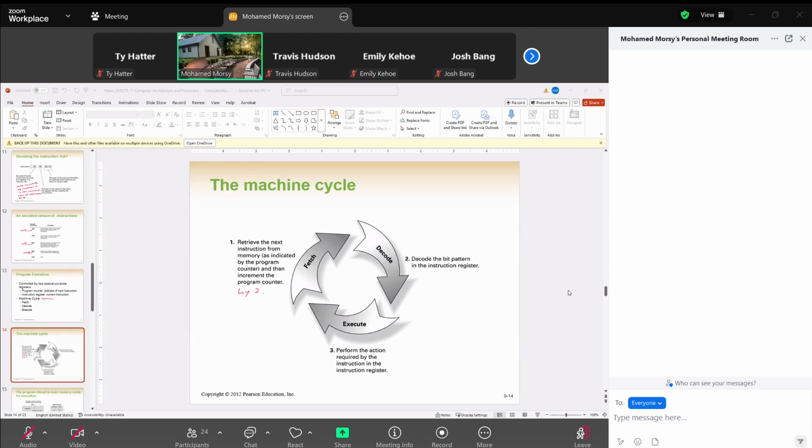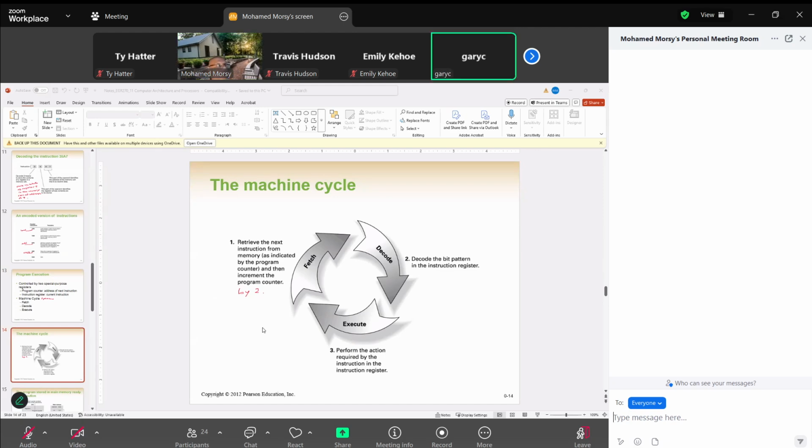what? Based on what we mentioned so far. As soon as we retrieve the instruction, the program counter will be incremented by 2.